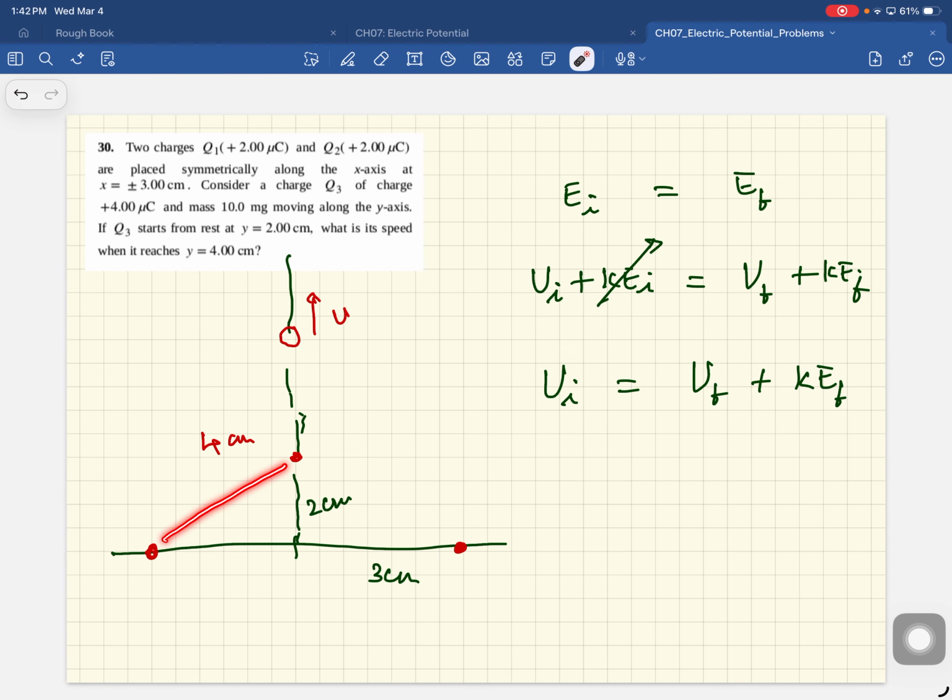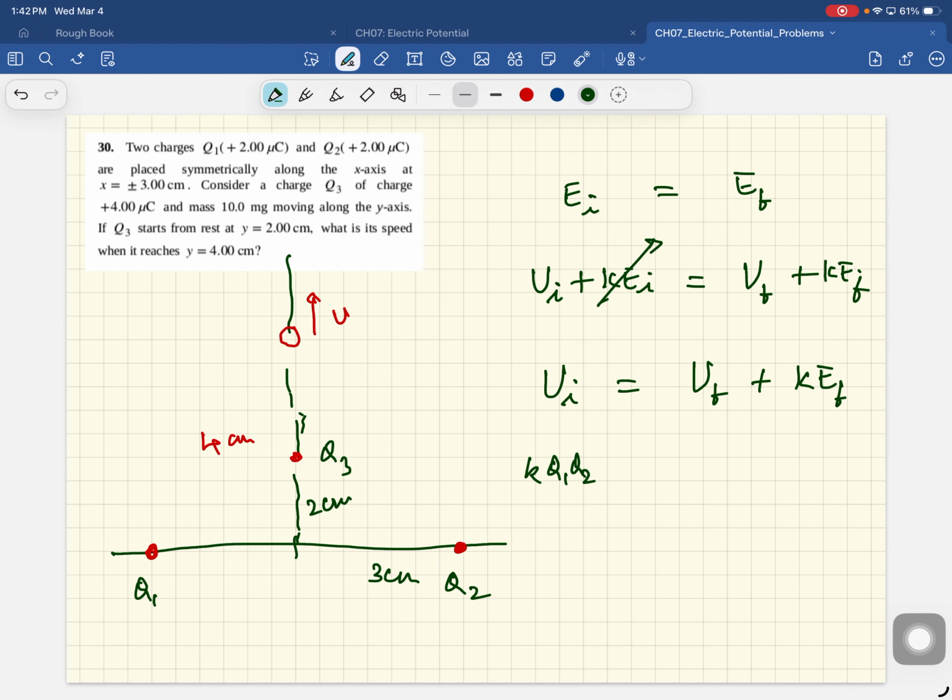Charges Q1 and Q2 are the same, so it will be K Q Q3 over R initial is equal to, this is the same, so equal to 2KQ Q3 over R final plus 1/2 mv squared.